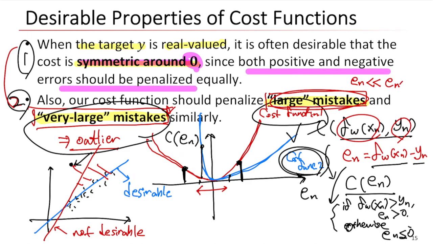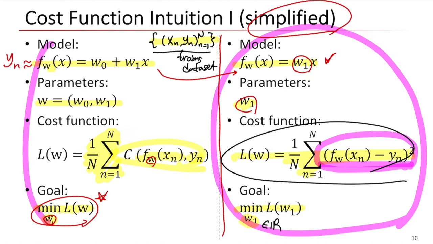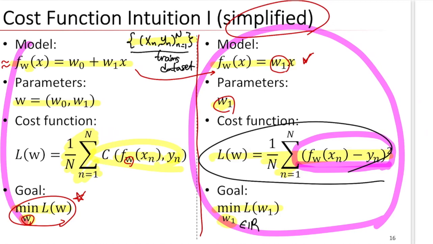Another desirable property is that the cost function should penalize a large mistake and a very large mistake similarly, because we don't want our machine to be overfitted to the very large mistake. That's why we proposed the robust cost function. So this was the visualization of the cost function.